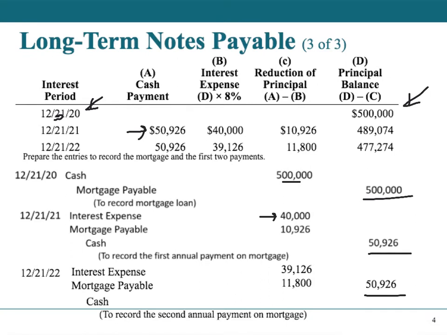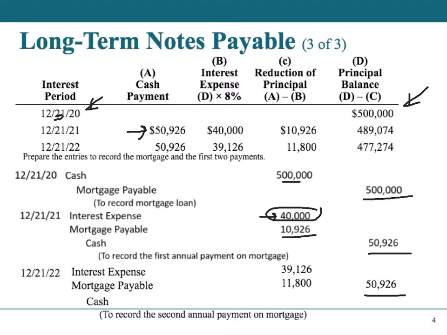You will pay $50,926, but not all of it will be a reduction in liability, because $40,000 is expense and only $10,926 will be a reduction in the liability.